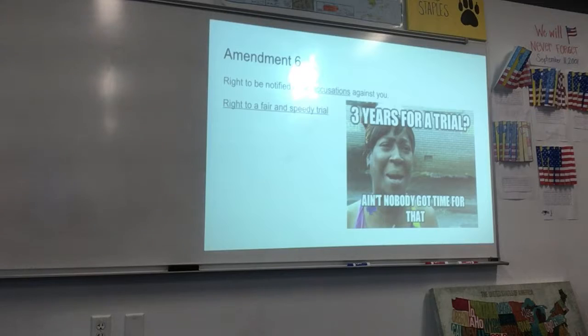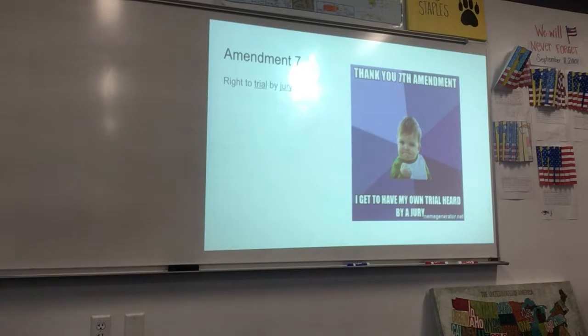Okay, we good? Amendment 7, right to trial by jury. When they say jury, they mean a group of your peers. Let's say you're accused of a crime and you're going to go before a trial by jury.